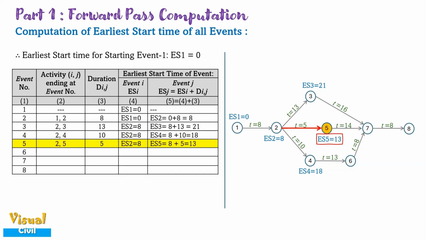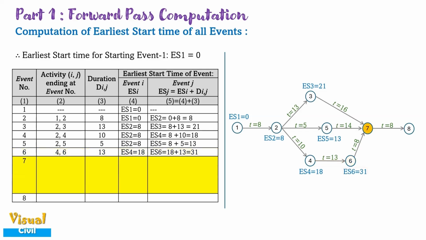Similarly, we can do the remaining calculations for event 5, where activity 2-5 is ending, and for event 6, where activity 4-6 is ending. At event 7, three different activities are ending. First, activity 3-7, second, activity 5-7, and third, activity 6-7.